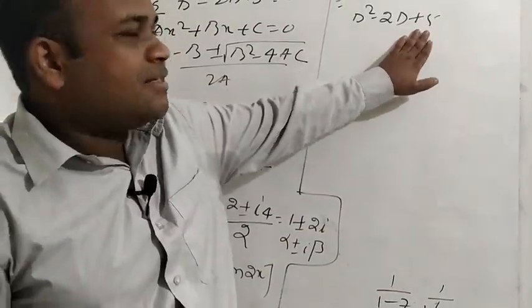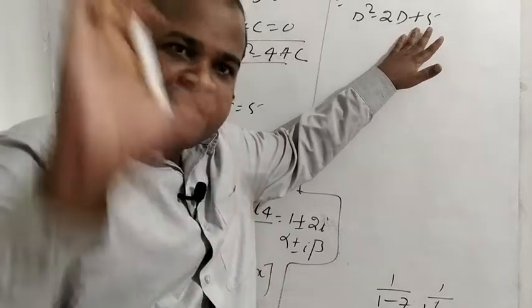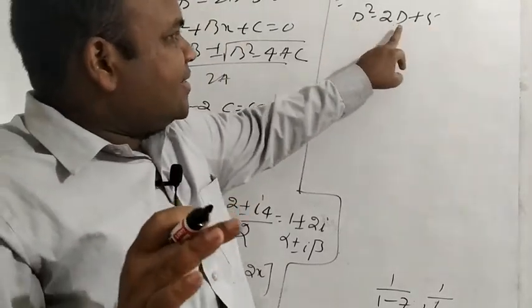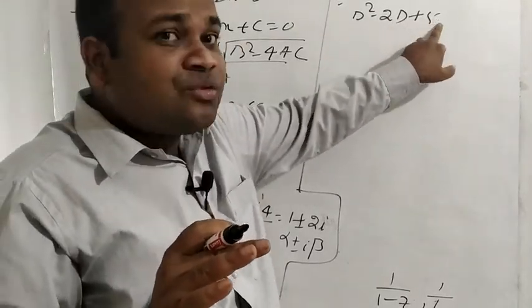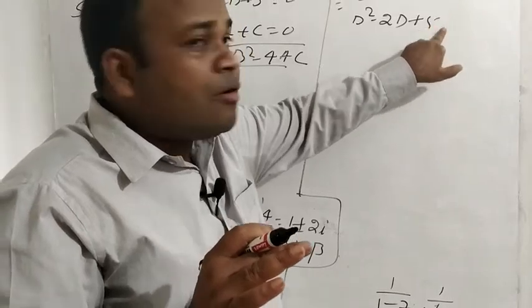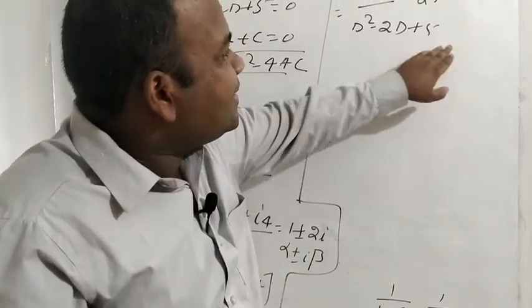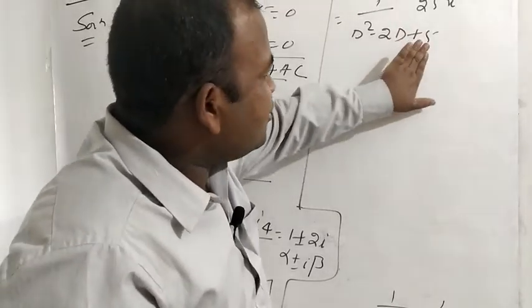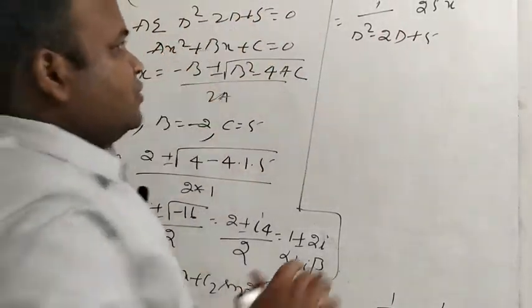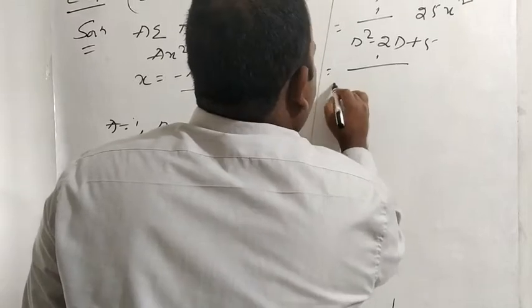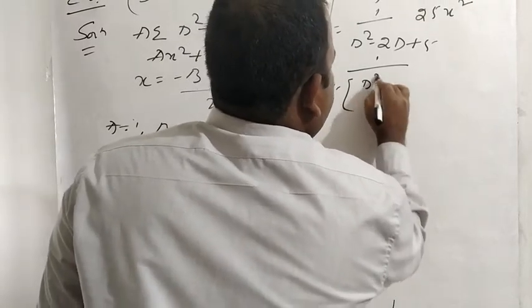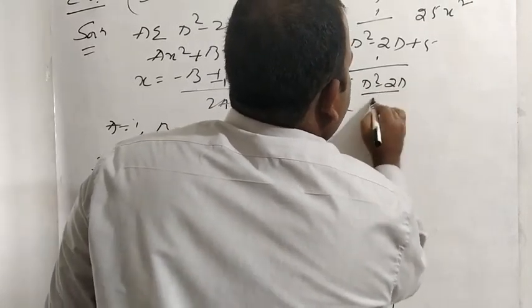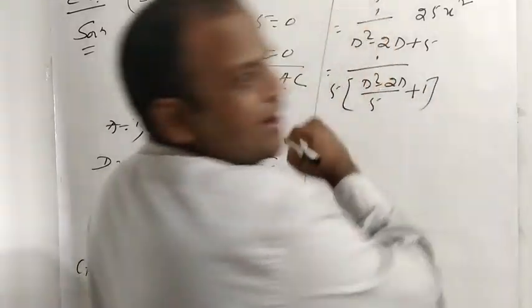You take the lowest power term of d. Here d square is there, here d raised to 1, and here d raised to 0. This is the lowest power term of d, or you will take the constant. Here 5 is the constant, so that constant you will take as common. So 1 upon 5 will be common, d square minus 2d by 5 plus 1.